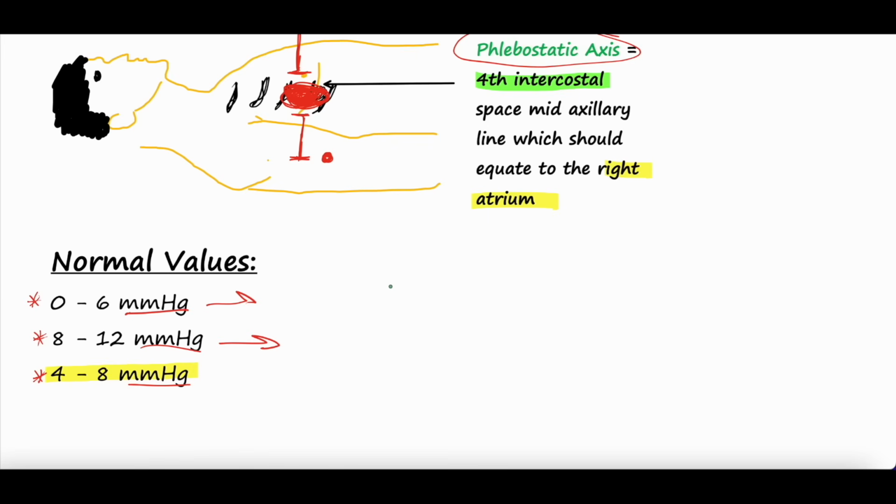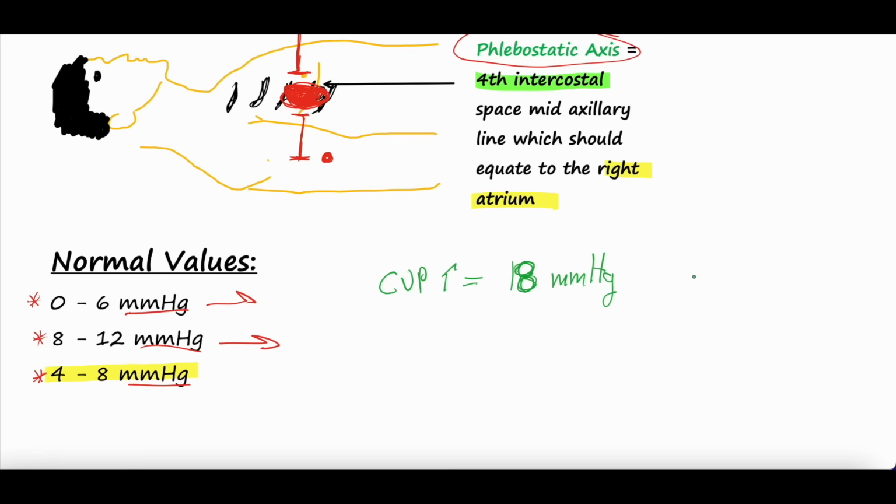So let's just say the CVP is too high. Let's say the CVP we measured, you got a good measurement, it was zeroed right at that phlebostatic axis, and the CVP came back at 18 millimeters of mercury. Well, that means the pressure at the cavoatrial junction is very high. If we think about what you're measuring, blood in blood vessels and the heart, that can mean that you are hypervolemic.